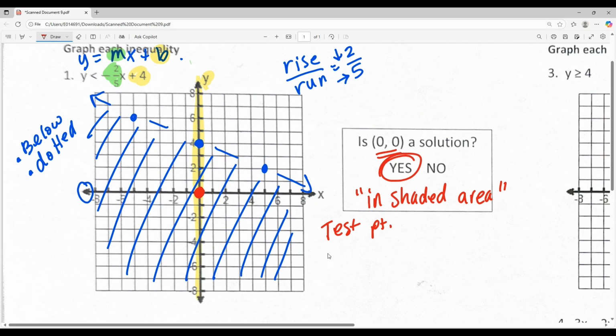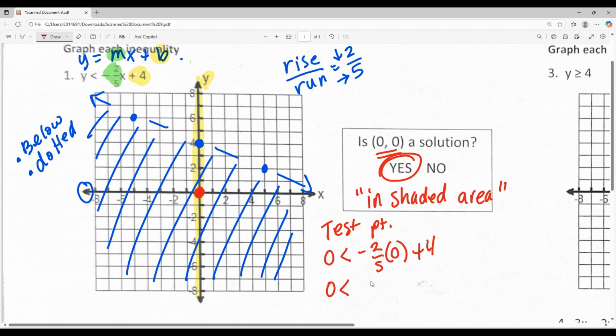So y equals 0, so 0 less than negative 2/5 times x, which is 0, plus 4. We're evaluating that point. That's going to give me 0. 0 times 2/5 is 0.